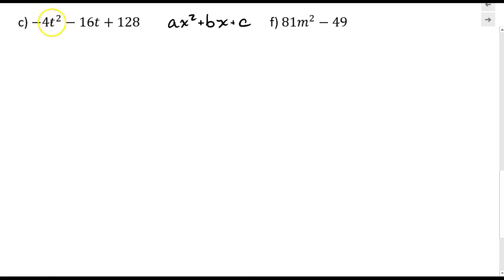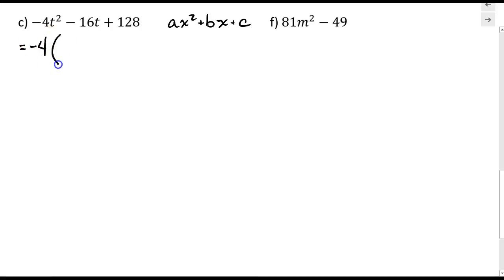But -4 actually is a factor of all three constant pieces, our coefficients and our constant term. So I am going to divide that out to start. So step 1, always greatest common factor.